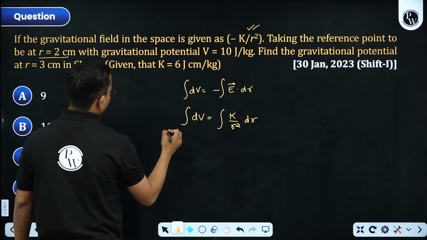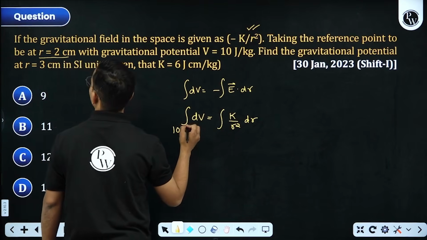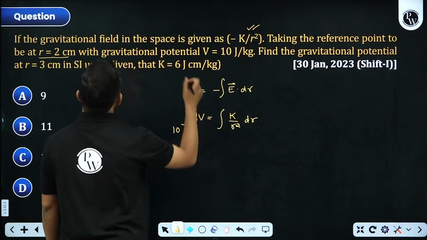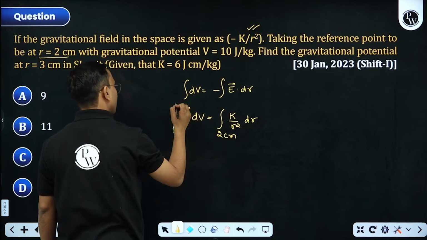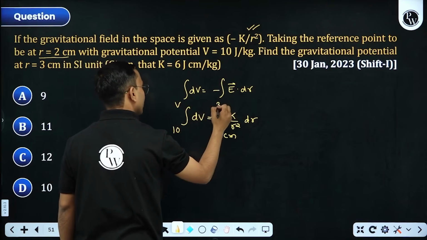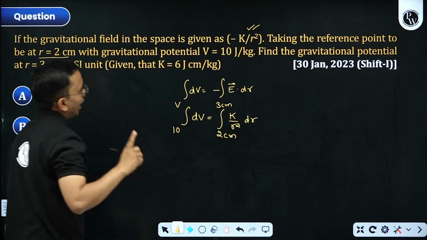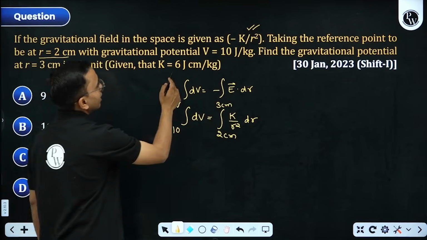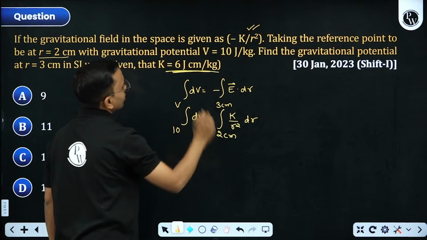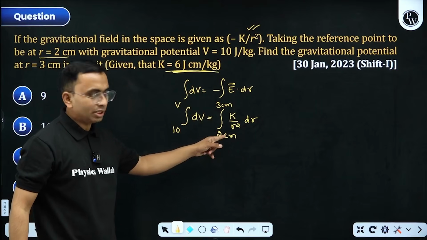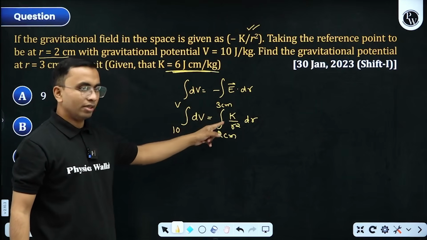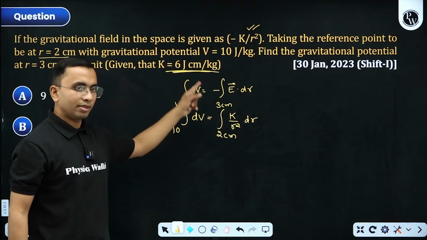Potential is 10 when R is equals to 2 centimeter. I need to find potential V when R is equals to 3 centimeter. And one more thing, this K is given in joule centimeter per kg. Therefore, don't convert this centimeter to meter. The unit will get cancelled with K. K is in terms of centimeter only.